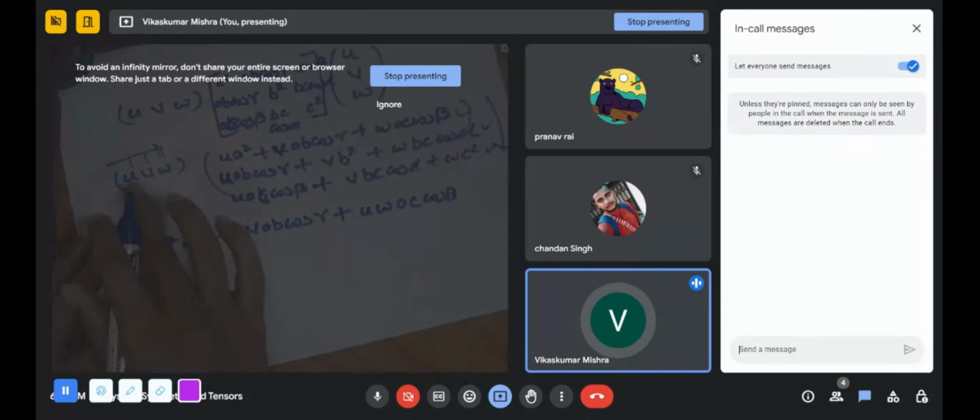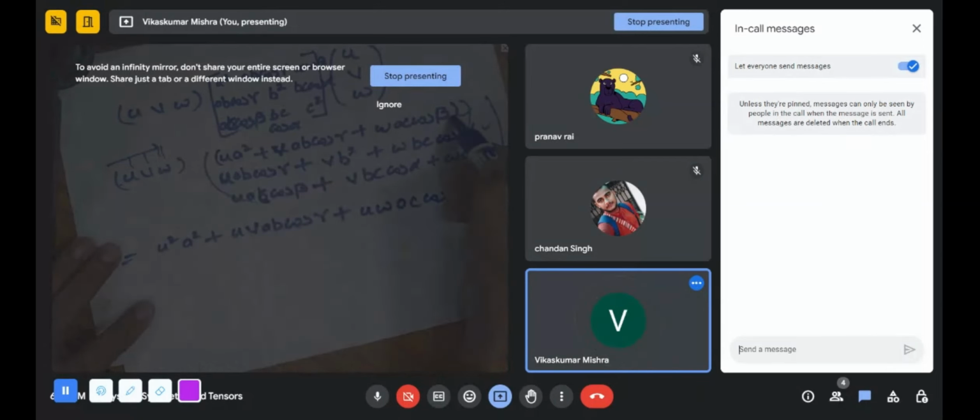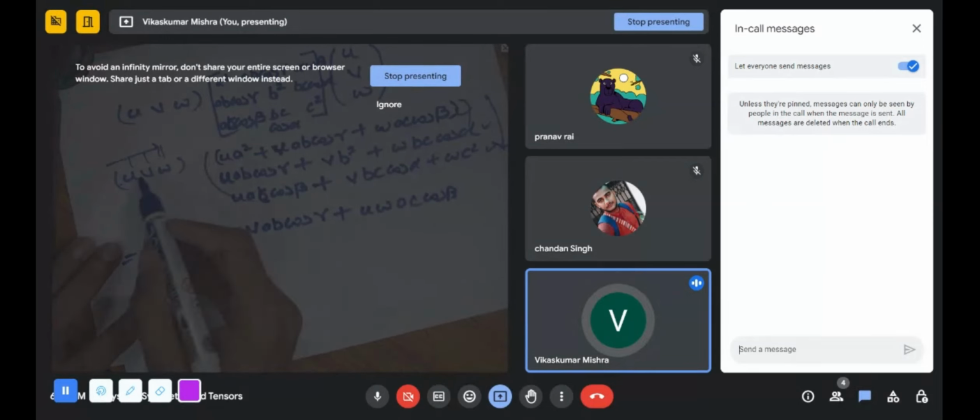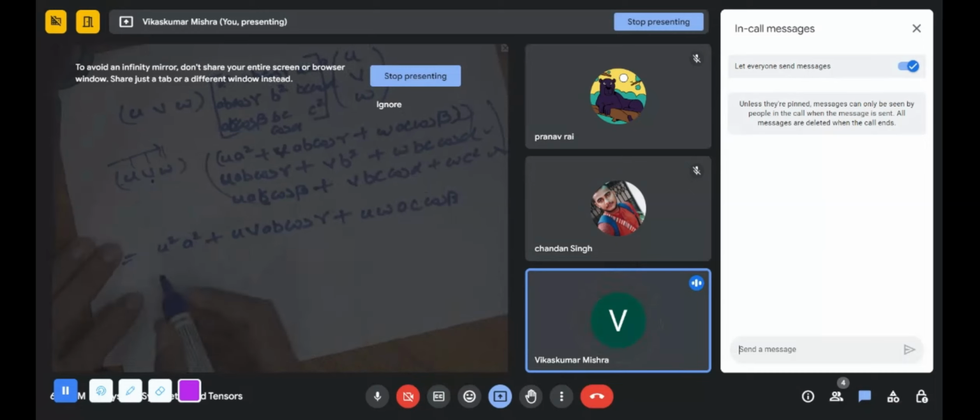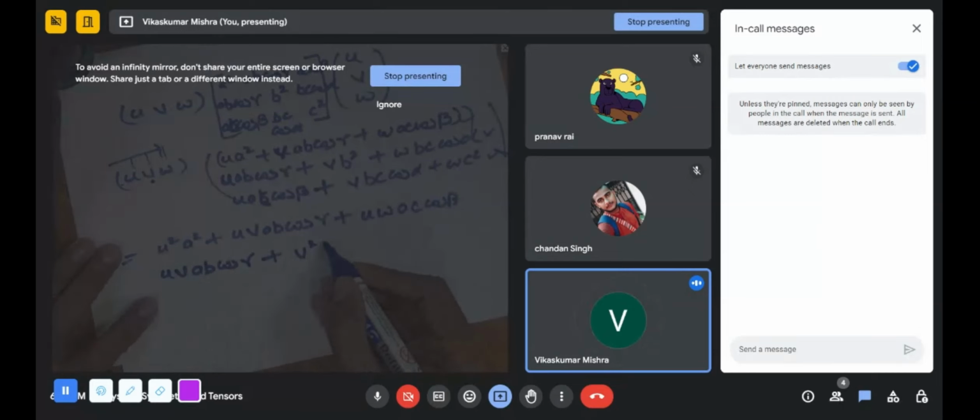That is, U is multiplied with the entire first entry. Then V multiplies the second entry: UV AB cos of gamma plus V square B square plus VW BC cos of alpha.